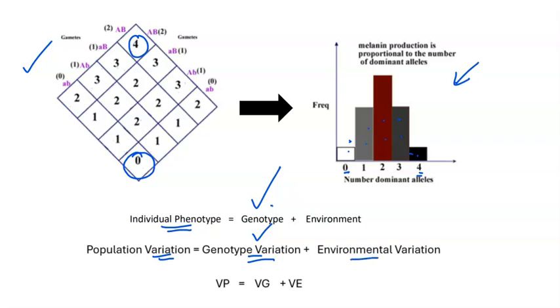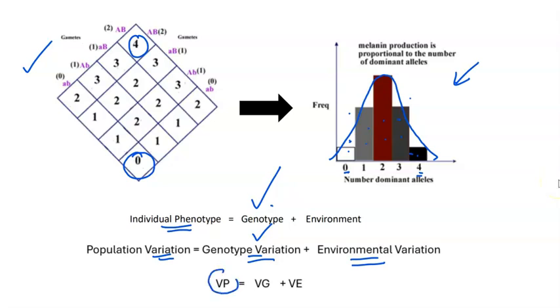However, when we add in the environmental variation, what this does is smooth out the distinction of one genotype group from another, so that we end up with the distribution model seen in the previous slide.